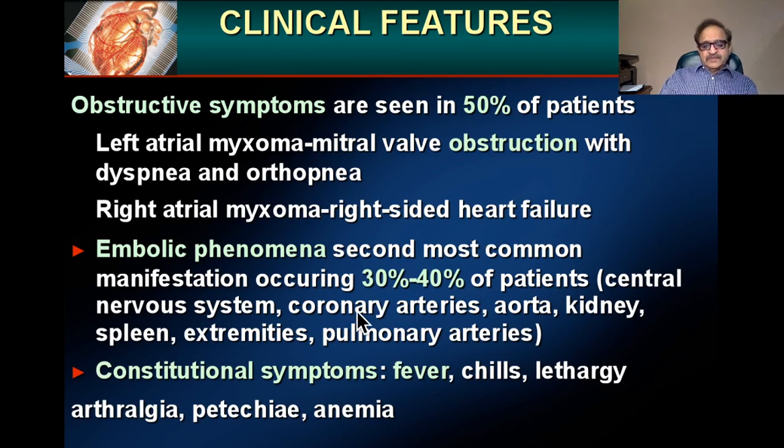With embolic phenomena, the patient may present with stroke or ischemia of the limb, or the tumor may embolize in coronary arteries and lead to myocardial infarction, in mesenteric vessels lead to ischemia of the gut or splenic infarctions, and right-sided tumors embolize into the pulmonary vessels.